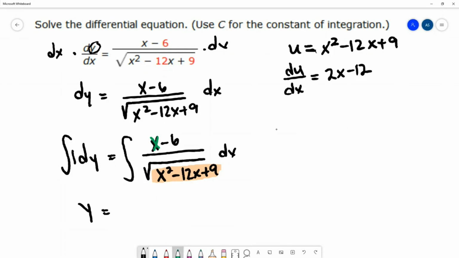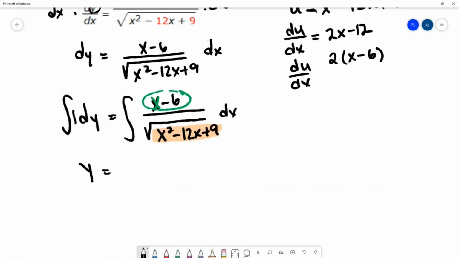The derivative of u with respect to x is 2x minus 12. Now you can see that this is not exactly the same as what I have in the numerator, but if I factor that 2, I have that x minus 6. So the only thing that I'm missing from this problem is a 2.